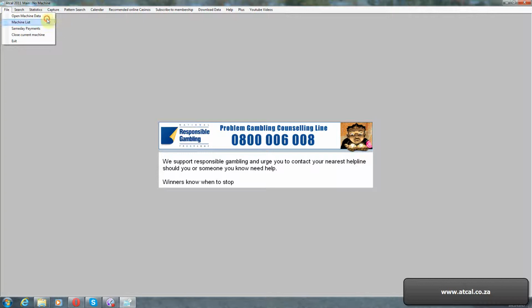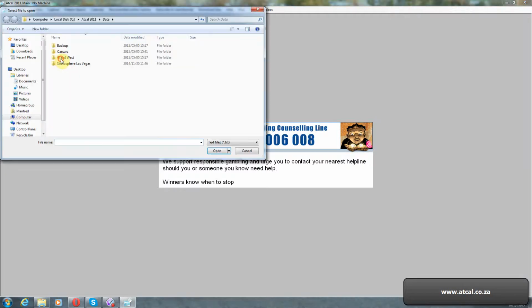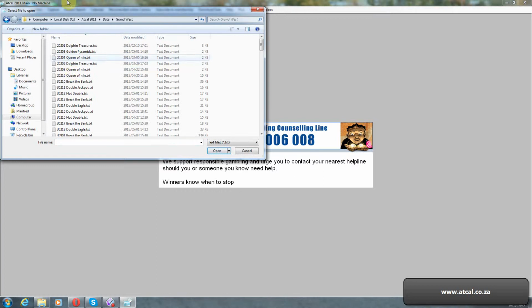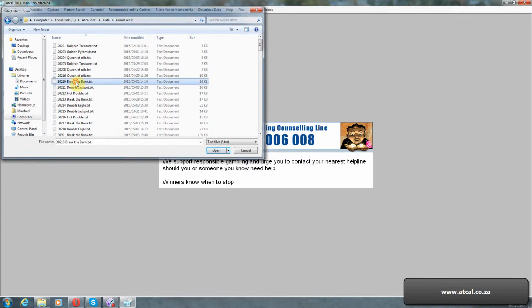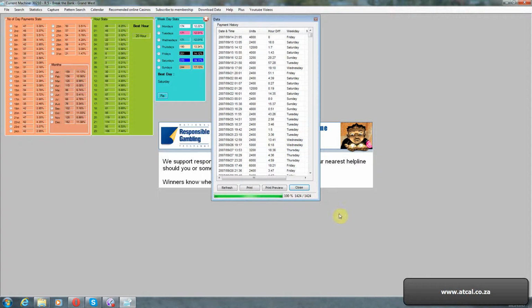Now, first off, let's open a slot machine here for you to look at. You will note this slot machine has 1,424 payments on record. Now remember, these are payments just above a certain amount as captured by the computer on the casino floor.